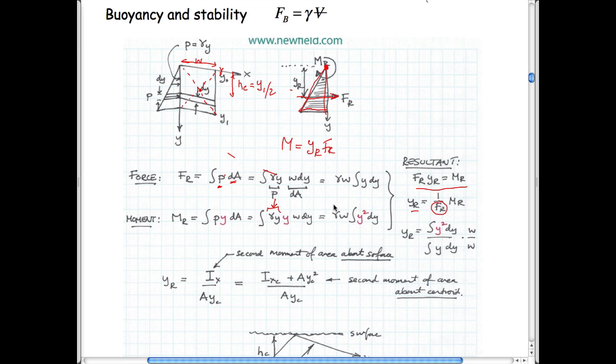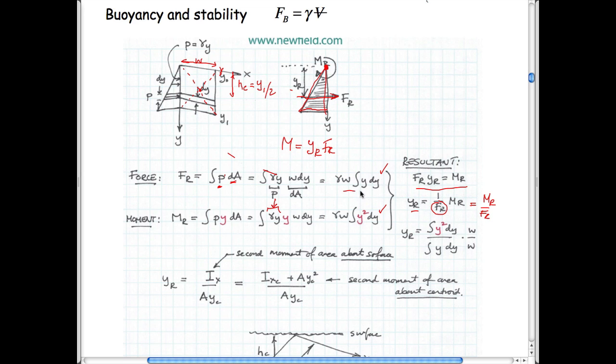If we have this expression here, and we know already what the force is, then we can just look at the ratio of those. This is just the moment divided by the force. Obviously that's exactly what this says anyway.